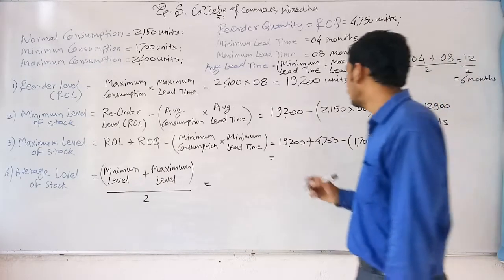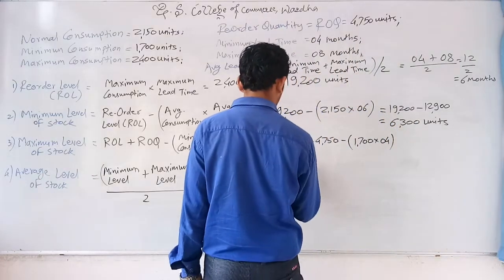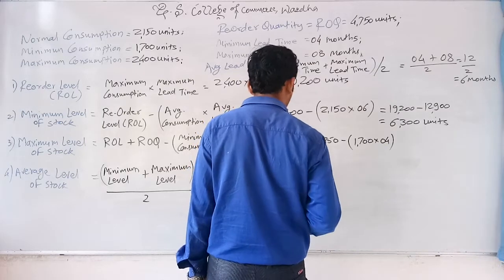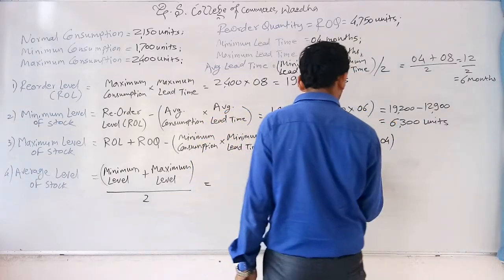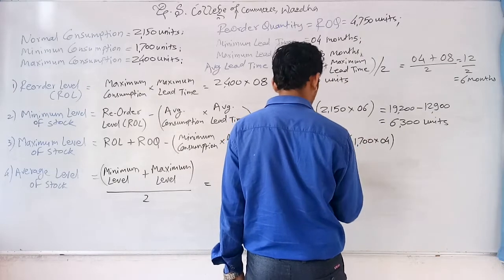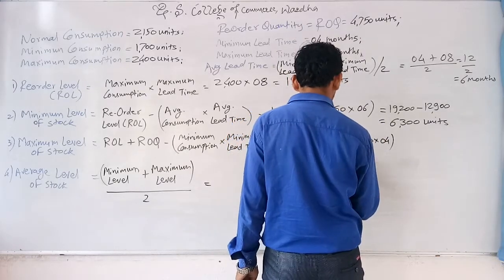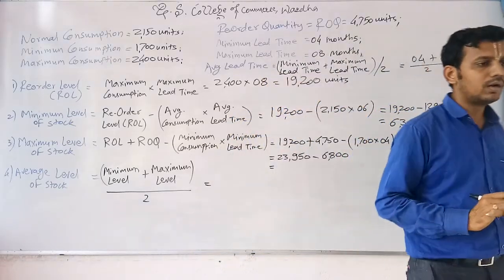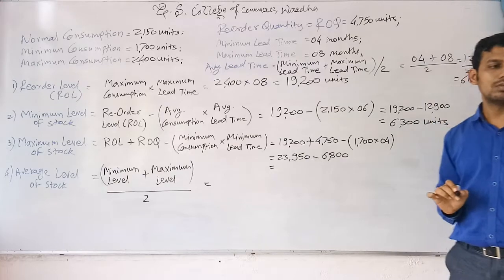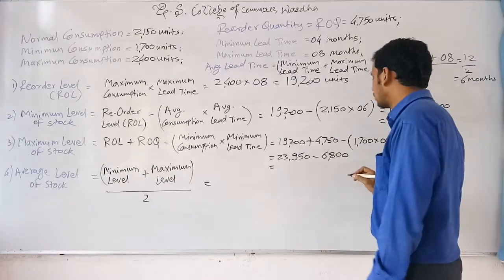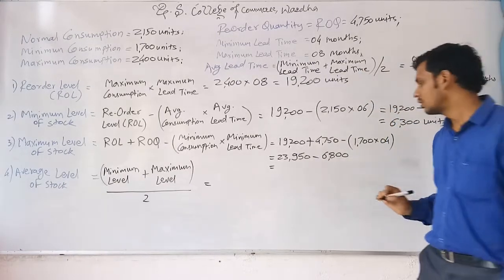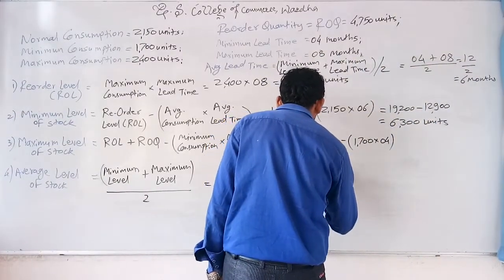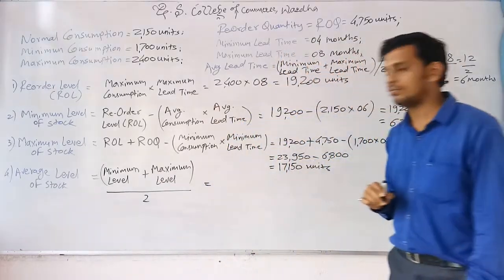Hence the formula says 19,200 plus 4,750, the answer would be 23,950, minus 1,700 into 4, that is 6,800. We deduct again so that we can get our answer. 23,950 minus 6,800, the answer would be 17,150 units. This would be our maximum level of stock.